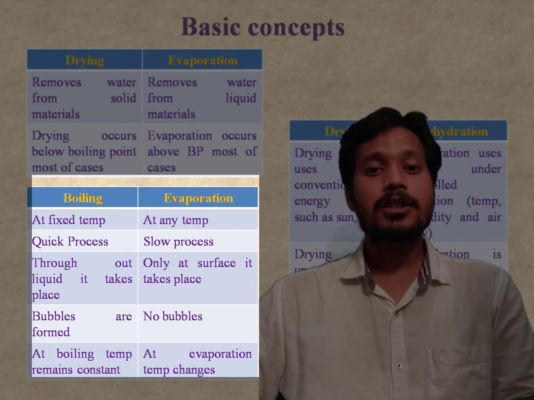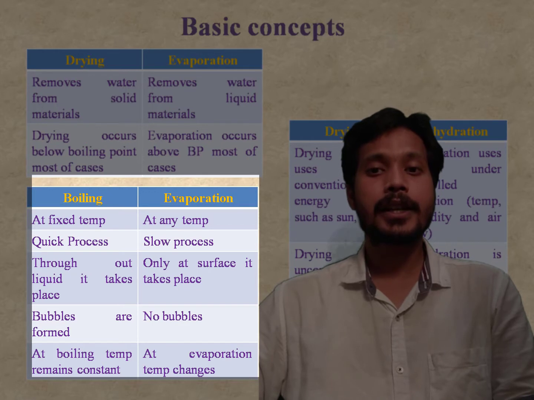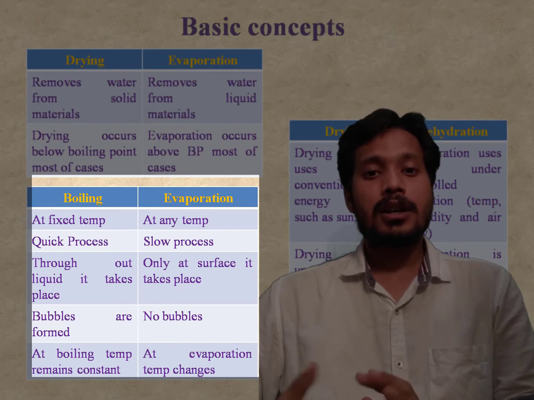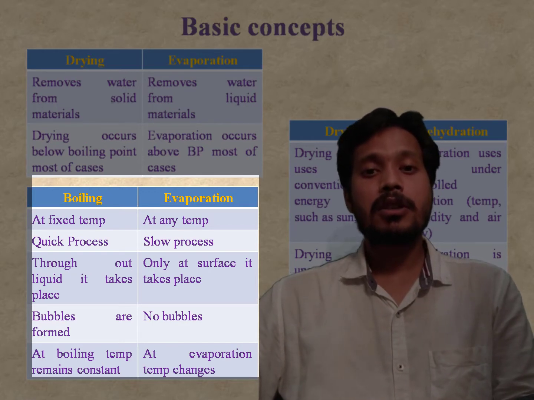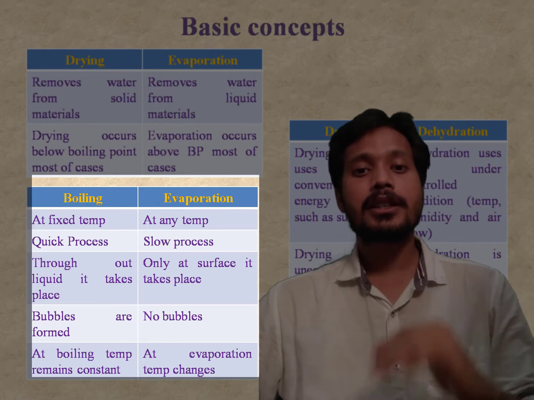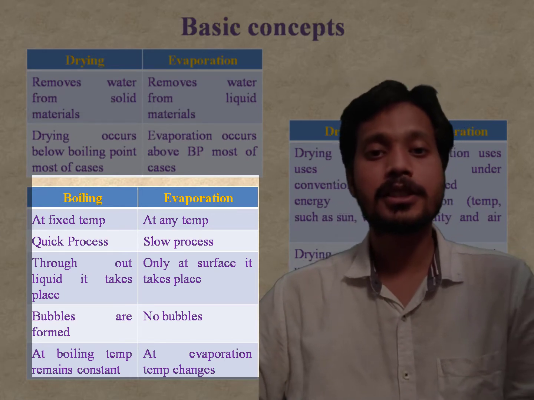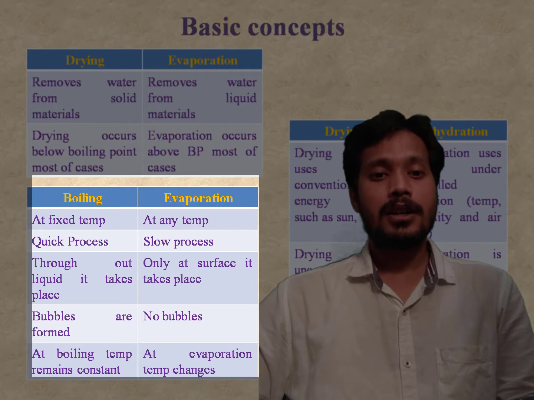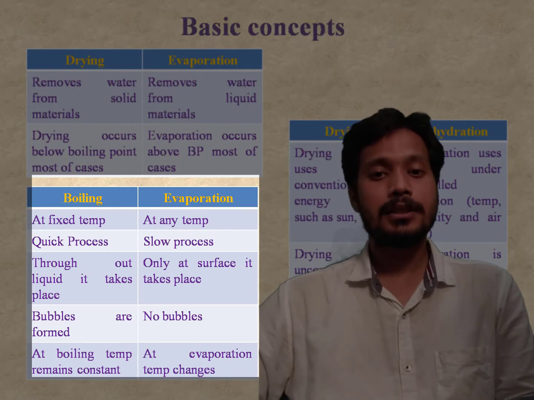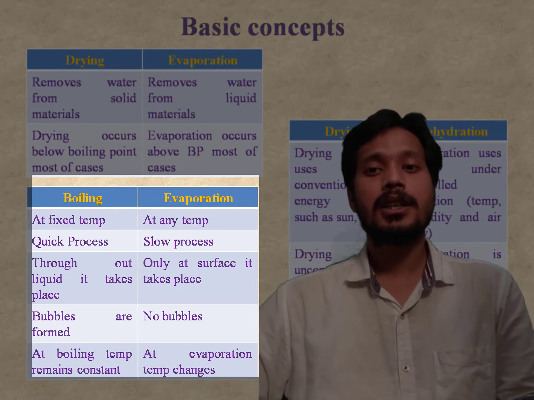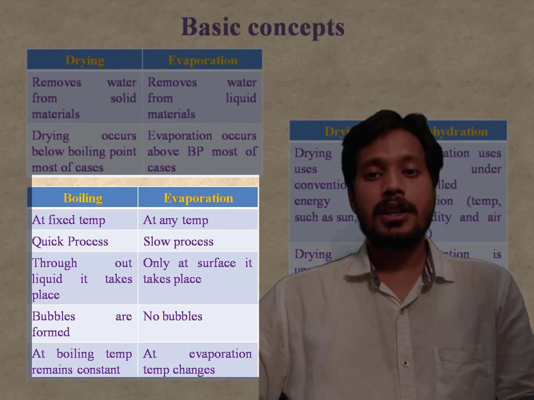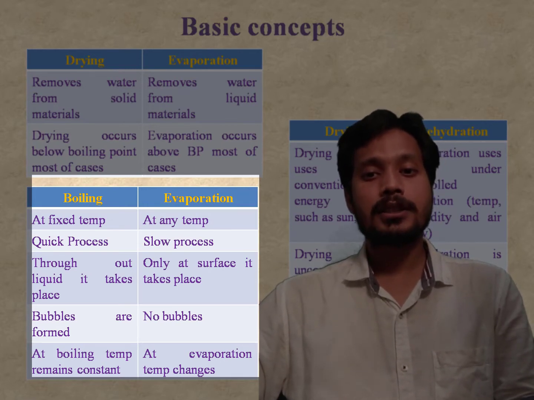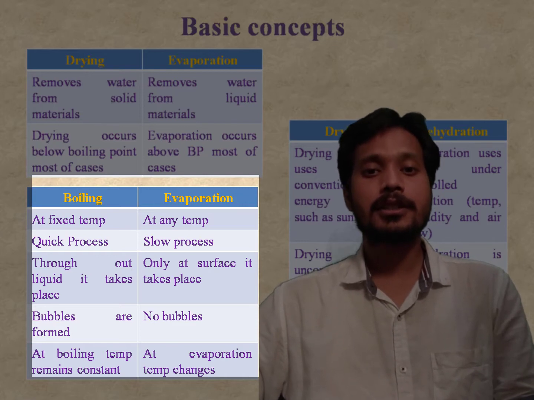Boiling occurs throughout the liquid, but evaporation occurs only at the surface. In boiling there is a formation of bubbles, but in evaporation there is no formation of bubbles. And during boiling the temperature remains constant.